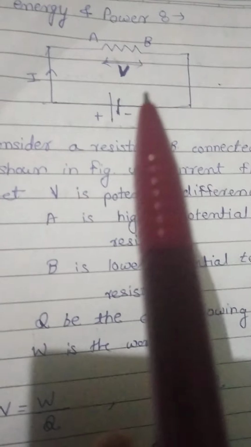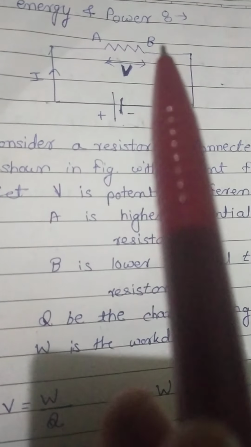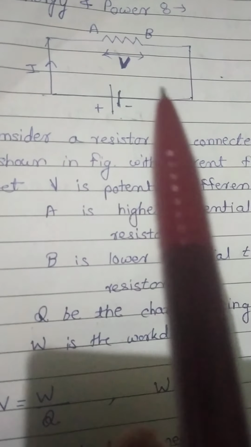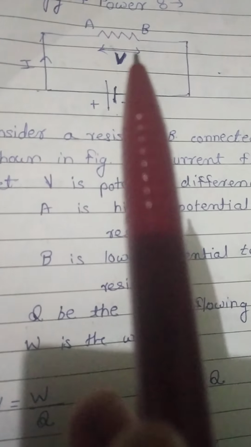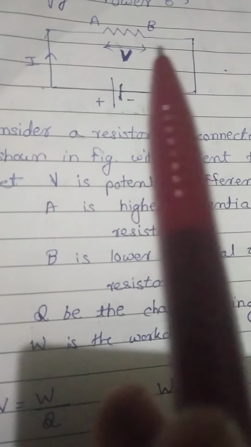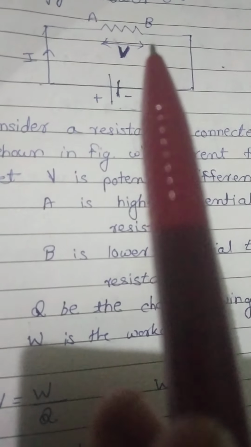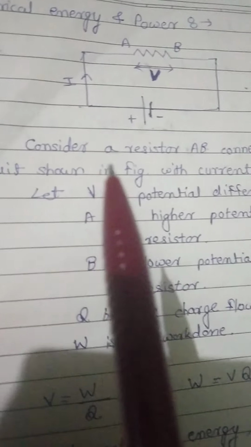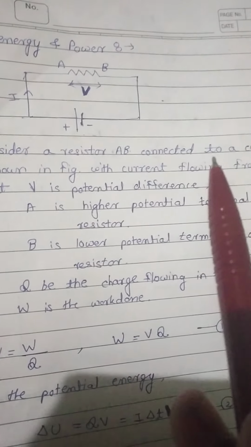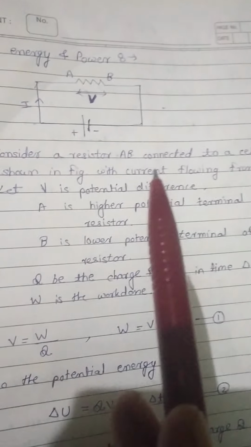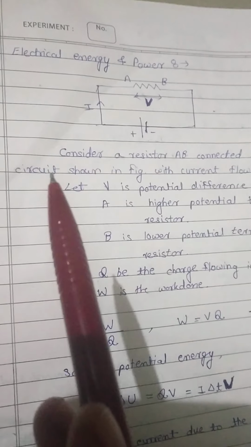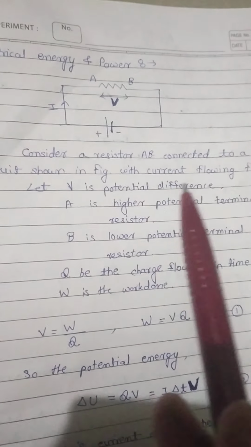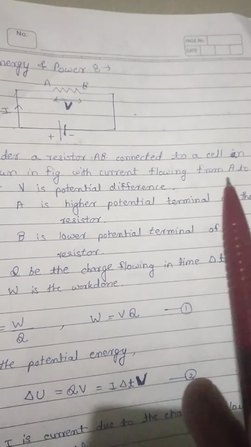With the current flowing from A to B, the cell maintains a potential difference V between the two terminals of the resistor, with higher potential at A and lower at B.